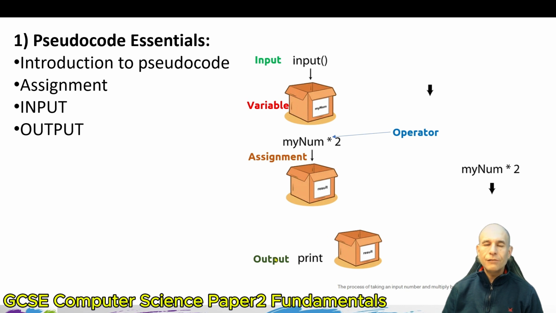And finally, we print this result on the screen. So this computer program with these 3 steps gets one input from the user. The user inputs a number. That number goes inside this variable called my num. We multiply that variable by 2, store it inside a variable called result, and finally we print the result on the screen. That's all about this little program.